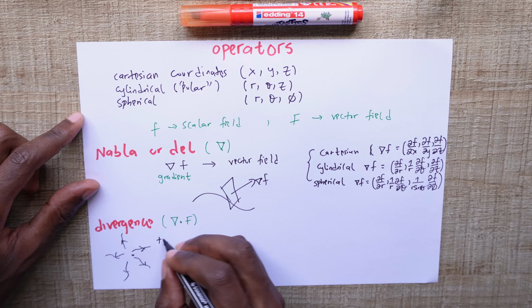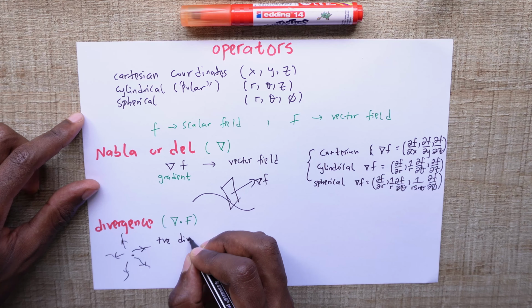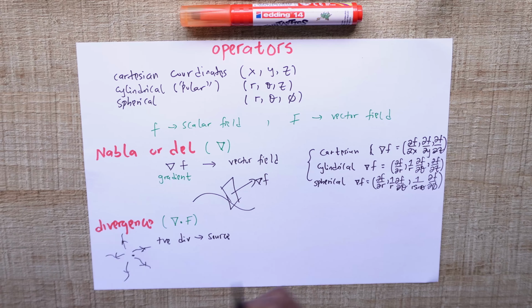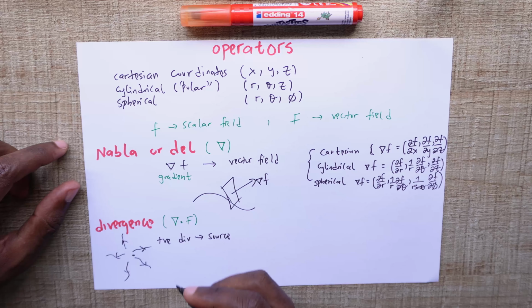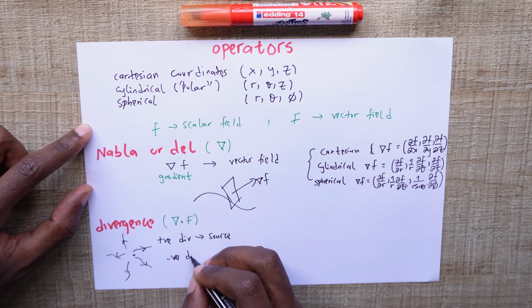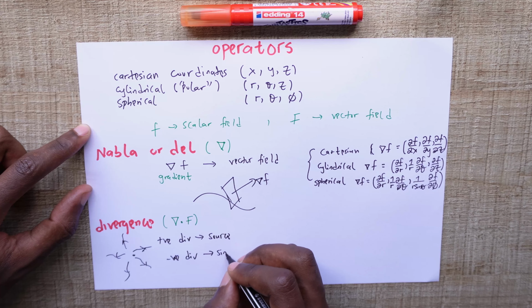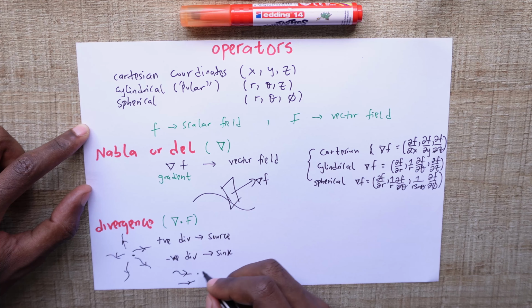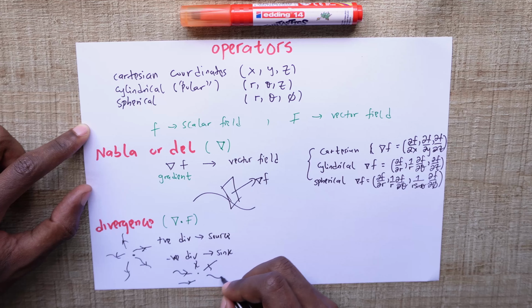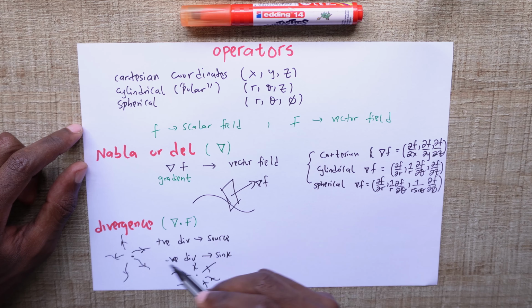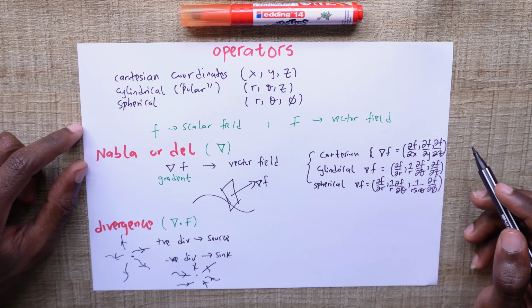So a positive divergence indicates a source, meaning you have material that spreads from the point, and a negative divergence will indicate a sink, which means you have material going towards the point, like a vortex, for example. So this is widely used in fluid dynamics.